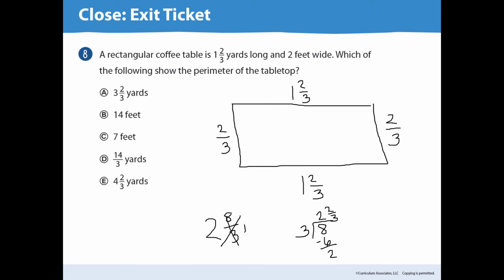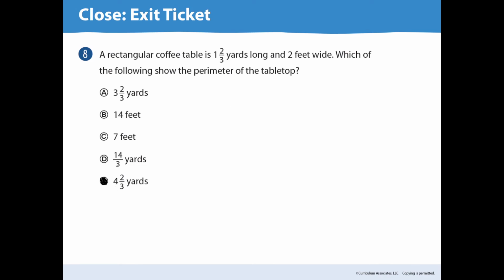So that is 2 2/3, which is going to equal 4 2/3. Hopefully you can follow along here. So do I see 4 2/3? 4 2/3 is right there. So that one works.